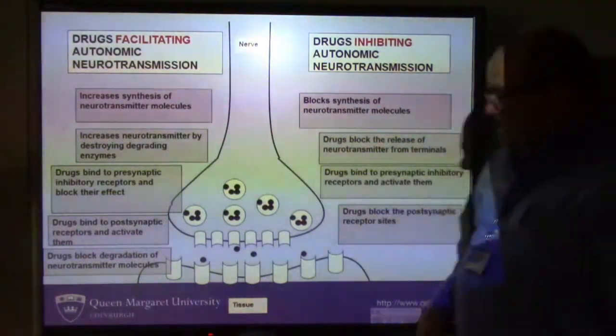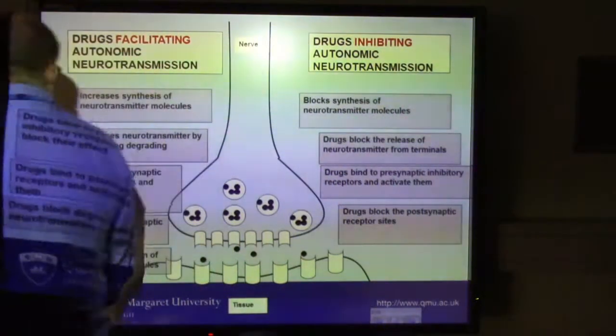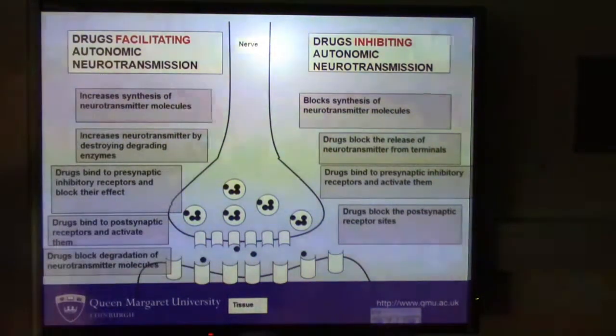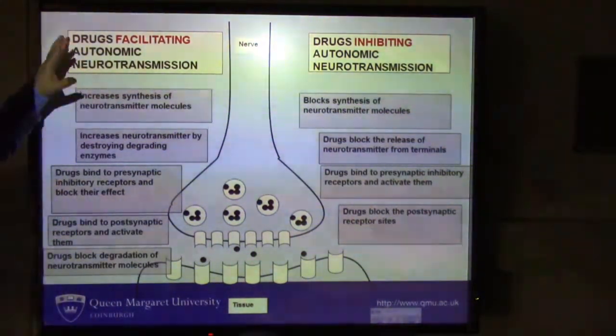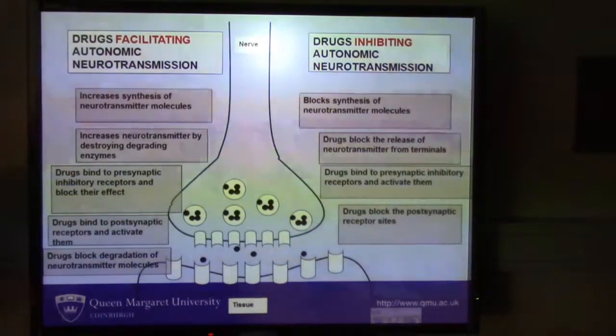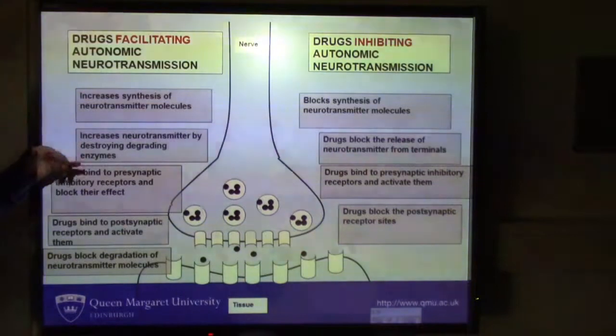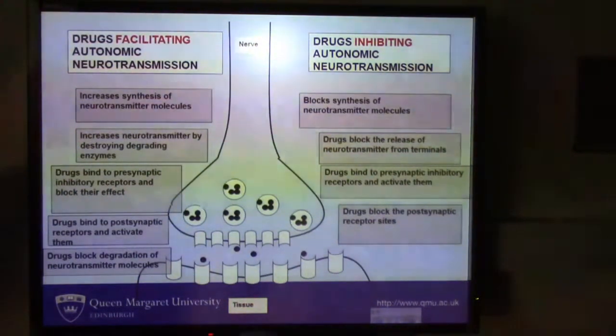And this is just a little diagram to show you how that comes about. Basic neuron releasing a transmitter going to work on a receptor. How can you facilitate the transmission? You can either make more of the transmitter, you can increase the level by stopping the degrading enzymes breaking it down.